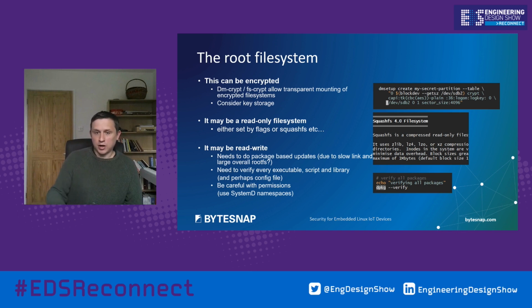Some of your i.MX platforms have this, some of the chips have an internal key that can only be seen by the cryptographic module inside that chip. So that's really good. But in other cases, you need to use your TPM to store your key, or some other secure storage mechanism.